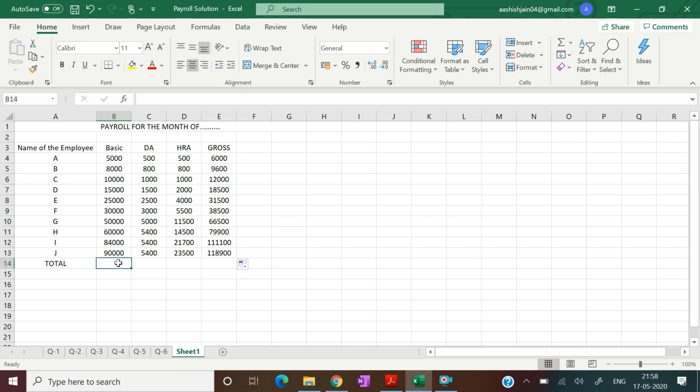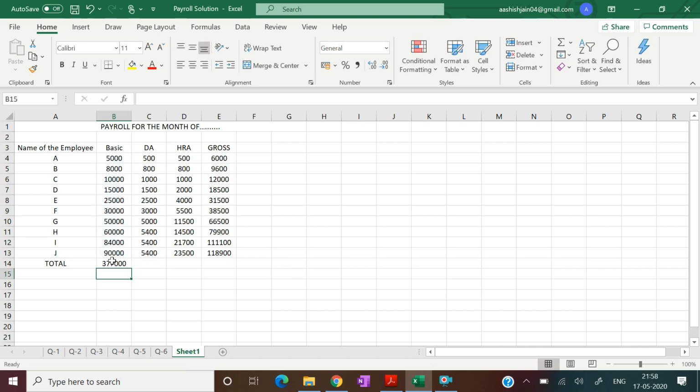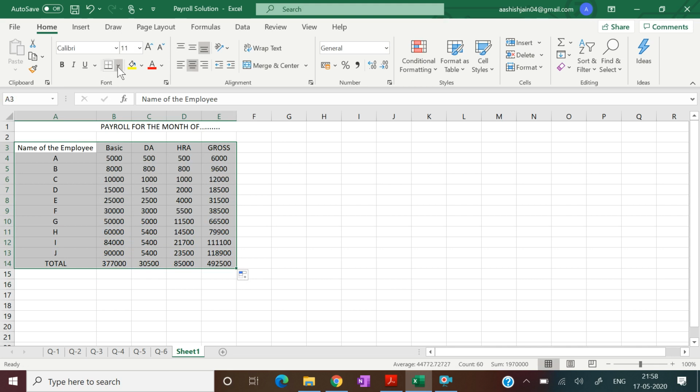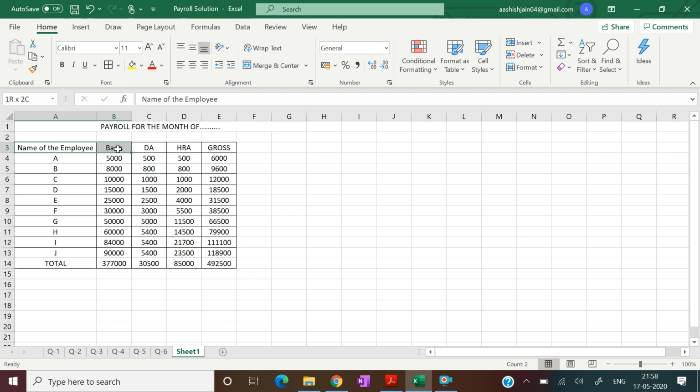Here we will use the sum function again, sum of all this, and then drag it to the right. So this is a basic question on payroll.